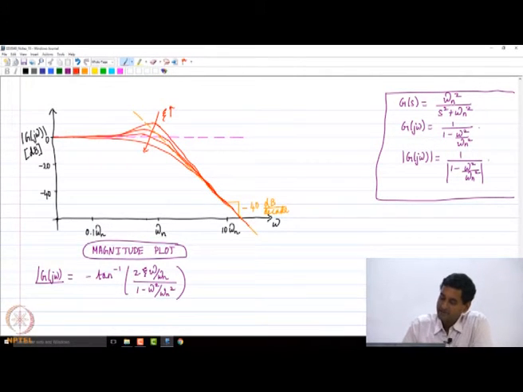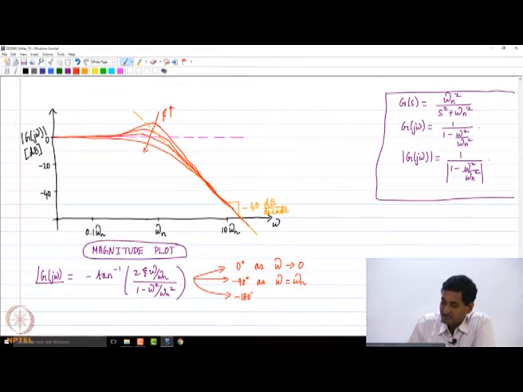So one can immediately figure out that this phase goes to 0 degrees as omega tends to 0, this goes to minus 90 degrees as omega equals omega n, okay. This essentially goes to minus 180 degrees as omega tends to infinity, okay.